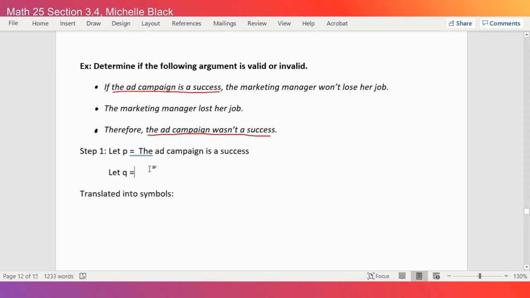Now I get to pick Q. I'm going to let Q be the marketing manager loses her job.